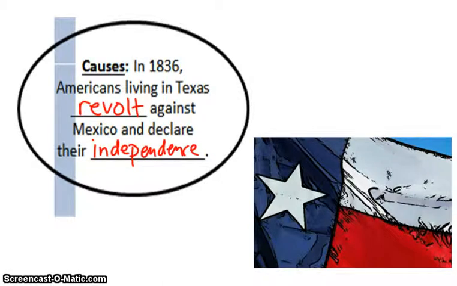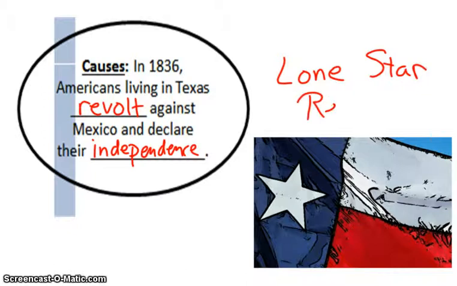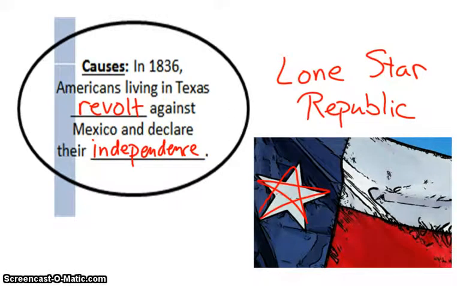Texas, which is now full of Americans, says to Mexico, we're going to be independent and we're going to start our own country. And they name it the Lone Star Republic. That's why when you look at Texas's flag today, it still has the single Lone Star, and they're nicknamed the Lone Star State. So Texas basically says, okay, we are now our own country.